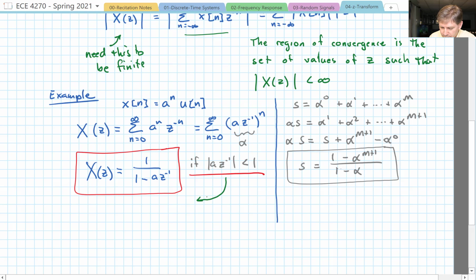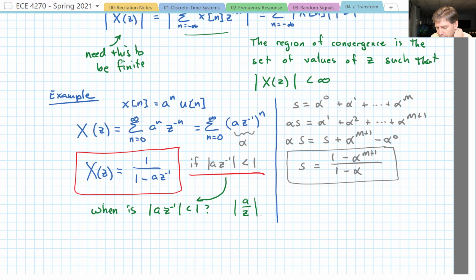When is this true? A z to the minus 1 less than 1. Well, another way to write that is as A over Z. And we leave it in terms of Z to the minus 1 usually for reasons that I think become apparent as we move along.